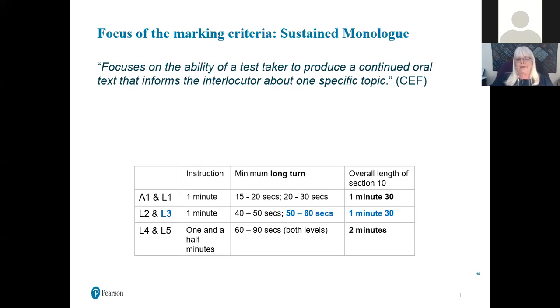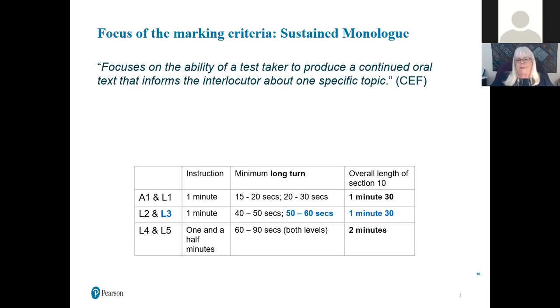So if we look in the table I have here, in the right-hand column, the overall length of section 10 for levels 4 and 5 is 2 minutes. And for the other 4 levels, it's 1.5 minutes. Now I've got all the levels on here just to give you the information, but I have highlighted in blue level 3, and I'll use that as my example.